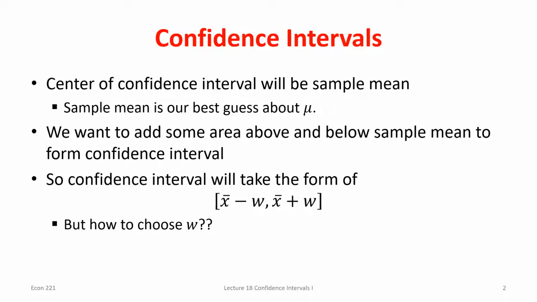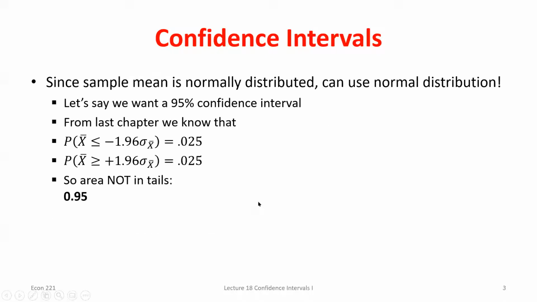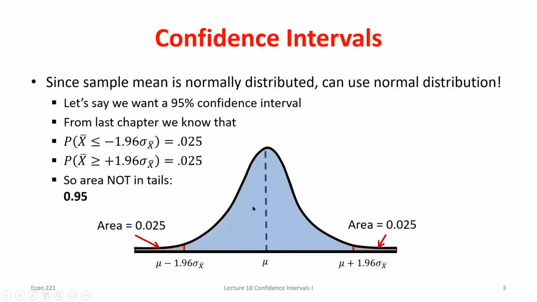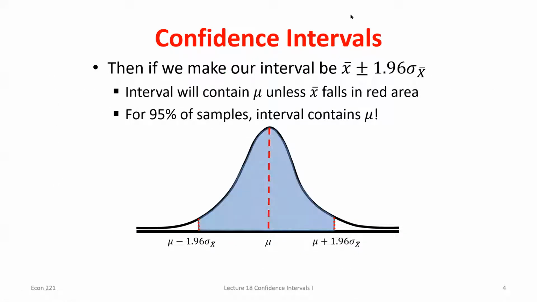I go 5,000 above, 5,000 below, and I create this range of values, right? Well, in my example, I just chose 5,000 arbitrarily, but there's a way in which we can ensure that we build our confidence intervals, we choose this W, and it's using some things we knew about that standard normal distribution. So I'm going to kind of review some of this, what we talked about last week.